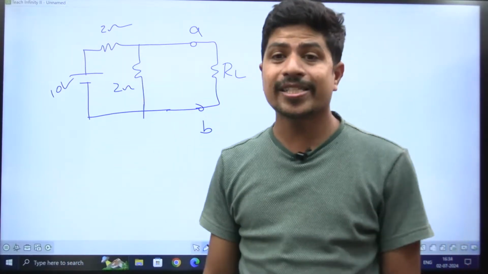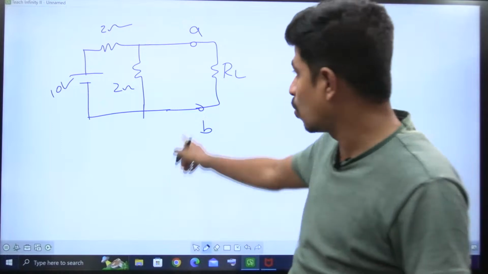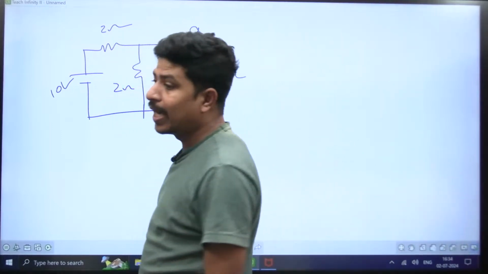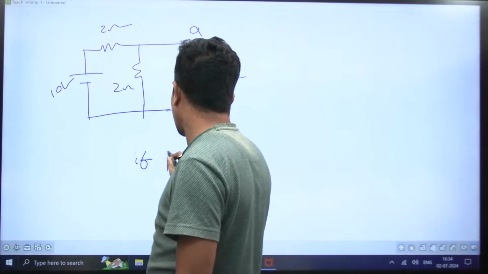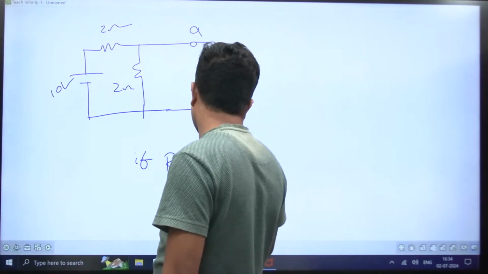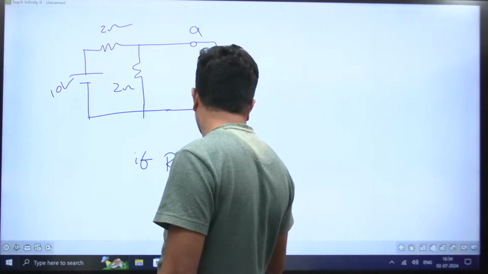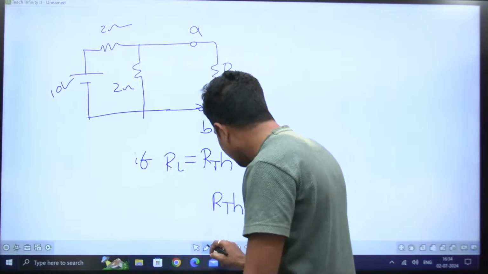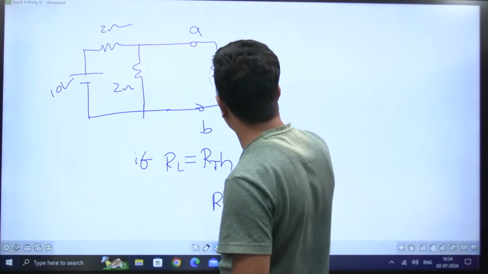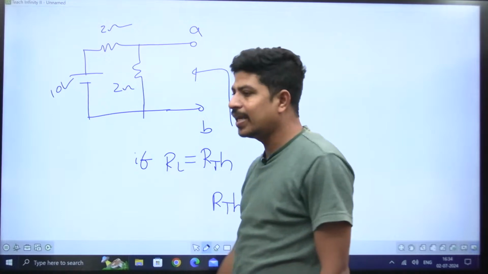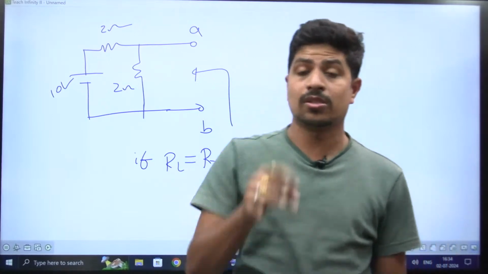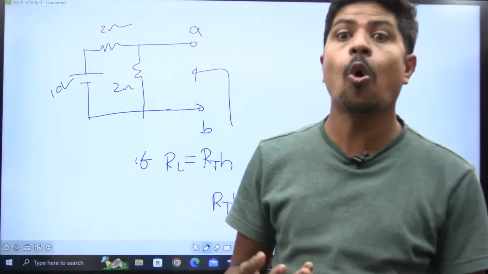Now the maximum power will be transferred to RL if RL is equal to R Thevenin. How to find R Thevenin? I told you, if you want to find R Thevenin, remove the load. When you are finding any equivalent resistance, all voltage sources must be short circuited and current sources must be open circuited.